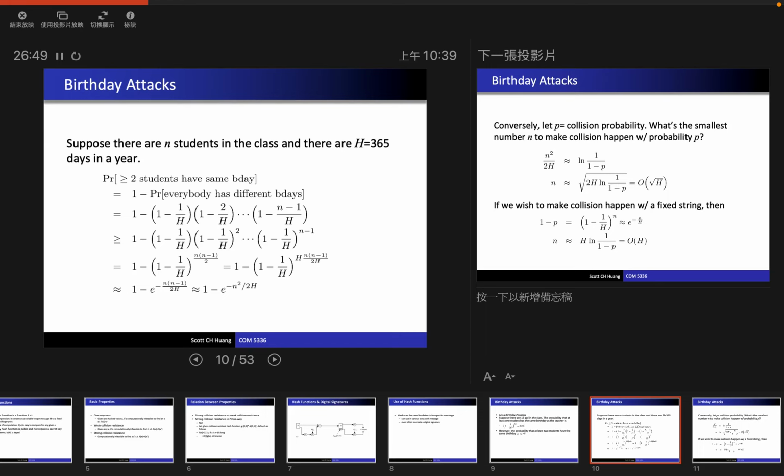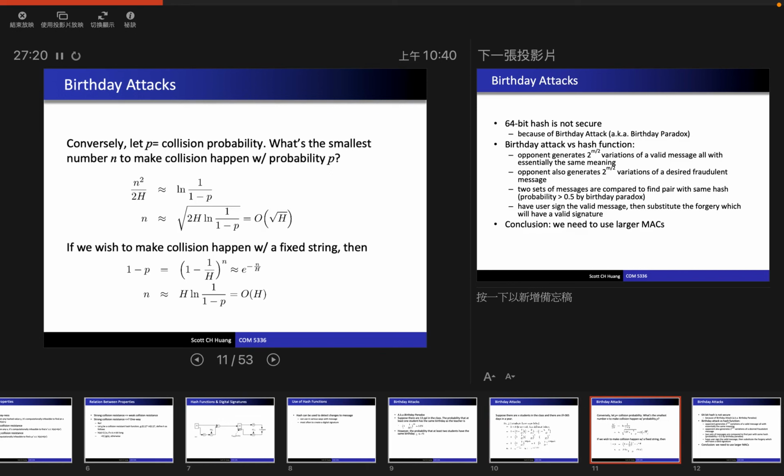And then this part becomes e, and this part becomes the reciprocal, e inverse. So altogether, they are actually close to this part. So that's the birthday attack. The probability is approaching this. It's approximately this number.